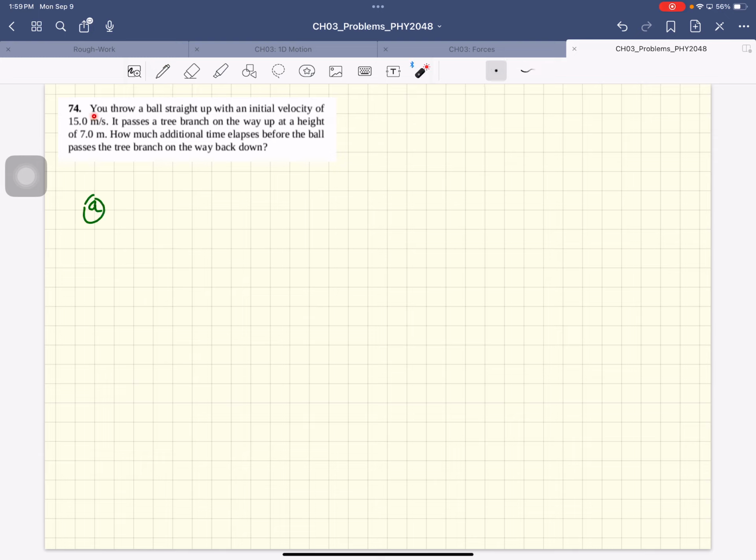So this problem says you throw a ball straight up with an initial velocity of 15 meters per second. It passes a tree branch on the way up to a height of 7 meters. How much additional time elapses before the ball passes the tree branch on the way down? Okay, so here's the tree branch.